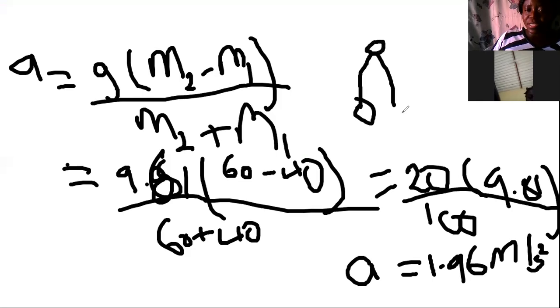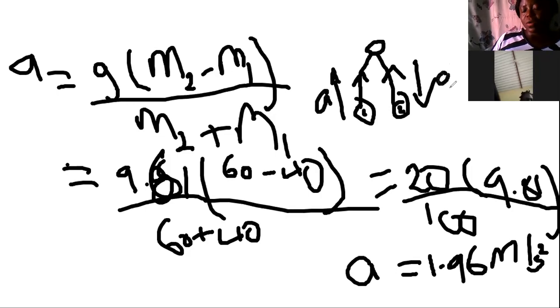We can also see it on our diagram here. It's 2 and this is 1. That's the same diagram we had. This is the tension going up in that direction. Since 2 is greater than 1, this one will move down while this one will move up. So the direction of the acceleration on the left side is upward, while on this one it is downward.